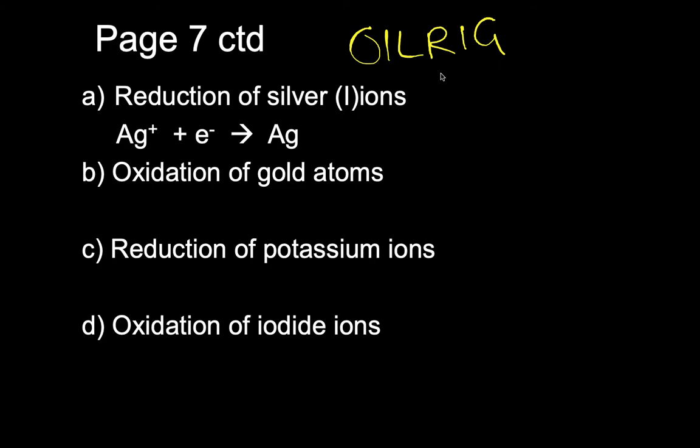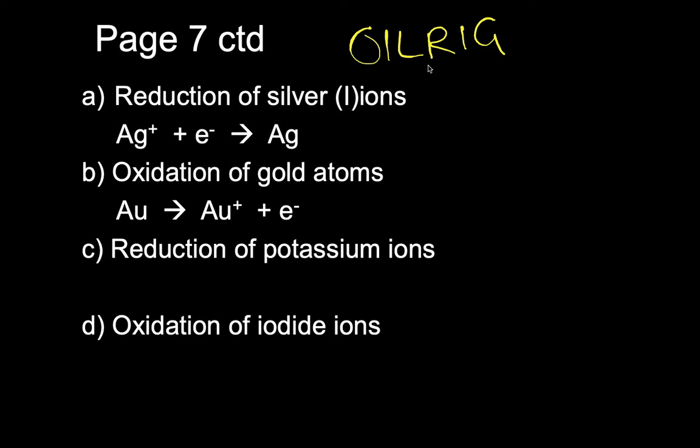B asks us for the oxidation of gold atoms. So let's go back up here to OIL RIG. Oxidation is loss. So our gold atoms are going to lose electrons to form gold ions, as shown here. In our third question, we are asked for the reduction of potassium ions.